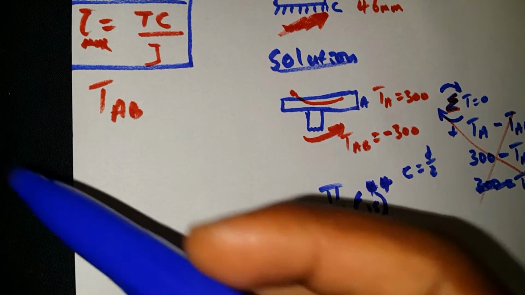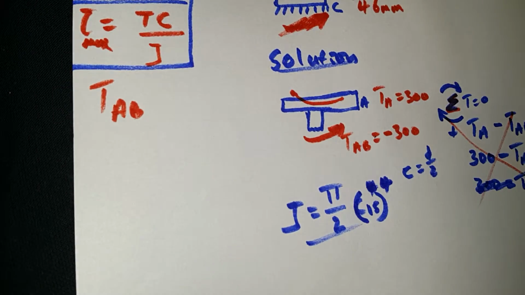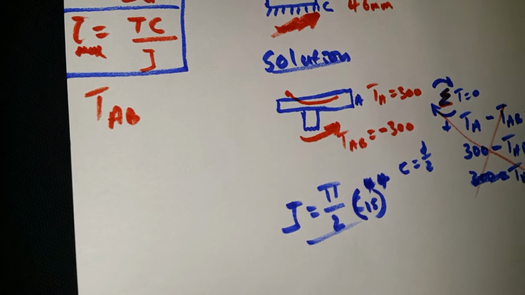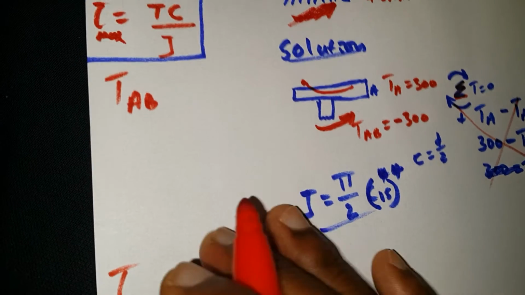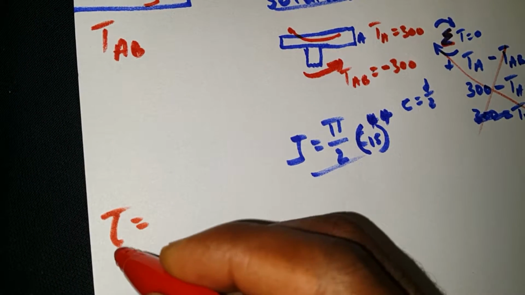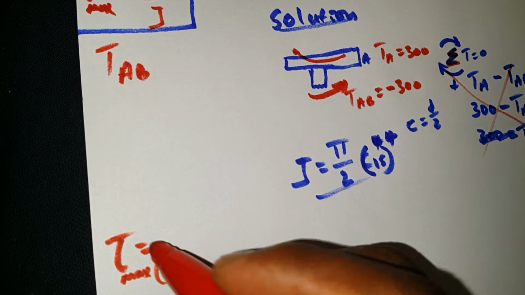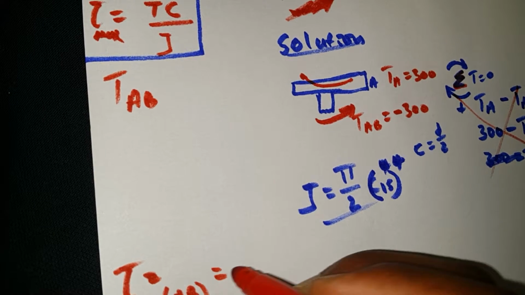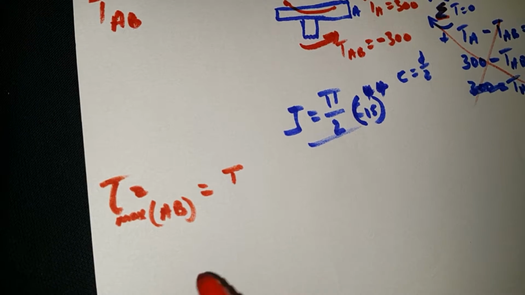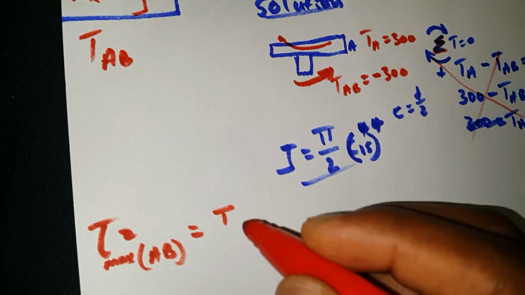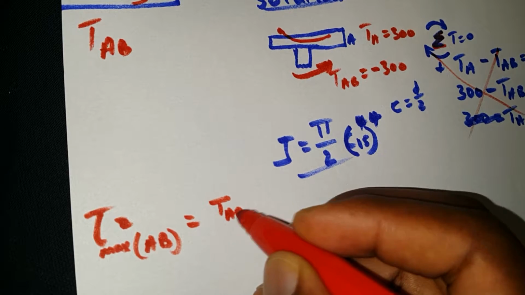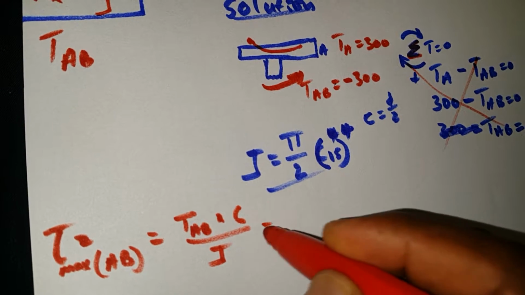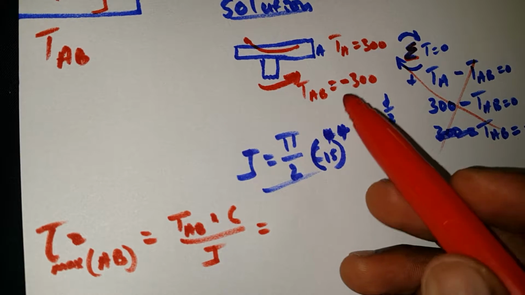Now let's put it here to find our maximum shear stress. So we say our maximum shear stress at AB is T at AB multiplied by C over J. So from here, my TAB is minus 300.